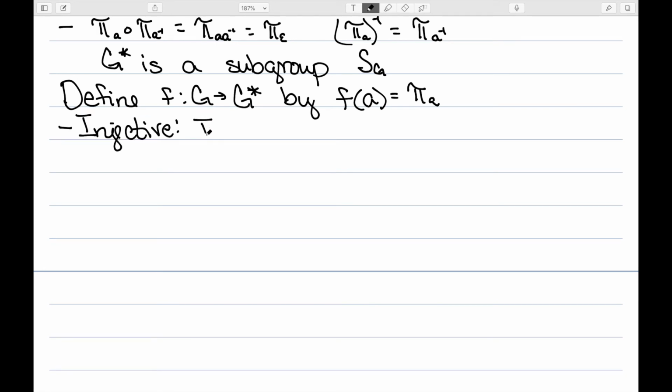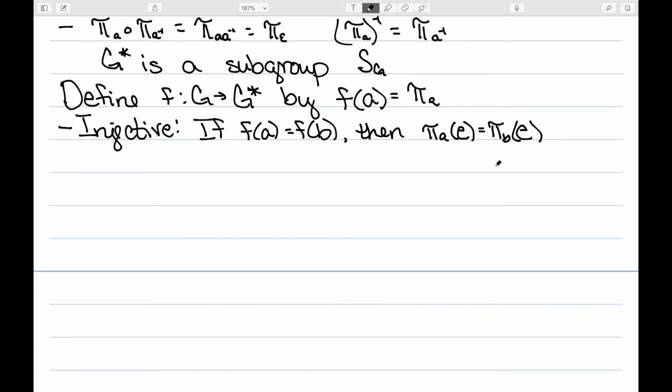Let's start with injective. If f of a is equal to f of b, I need to show that a is equal to b. Well, then pi of a applied to any element, like my identity, should be equal to pi of b applied to the same element, the identity.